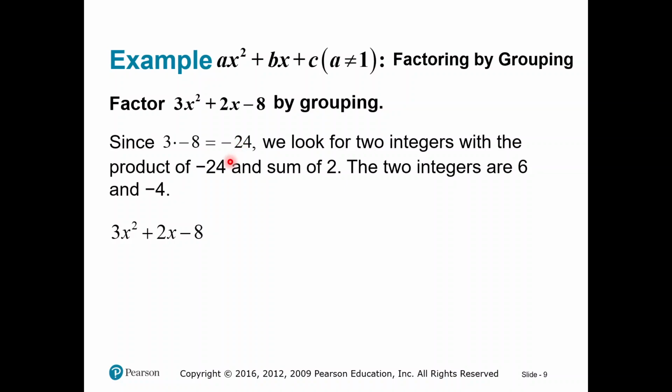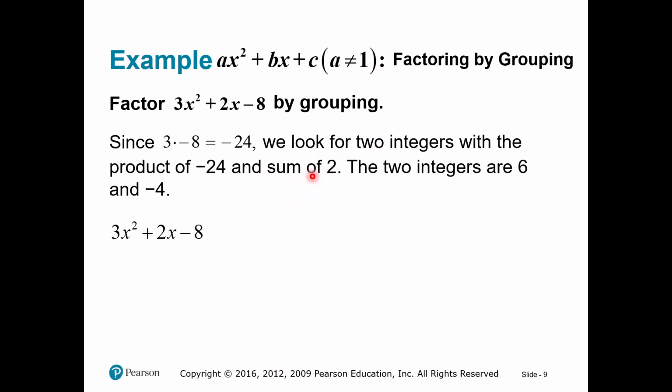I want two numbers that multiply to give us negative 24, and add to give us 2. And that is 6 and negative 4. 6 and negative 4 multiply to give us negative 24, add to give us 2.